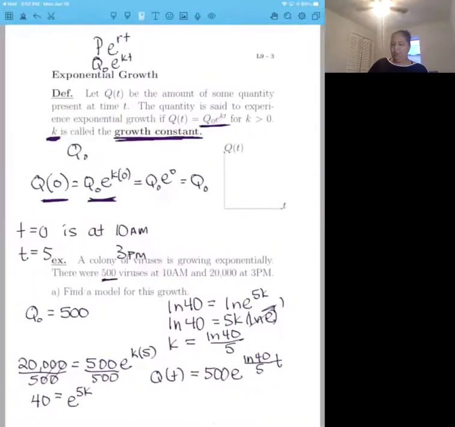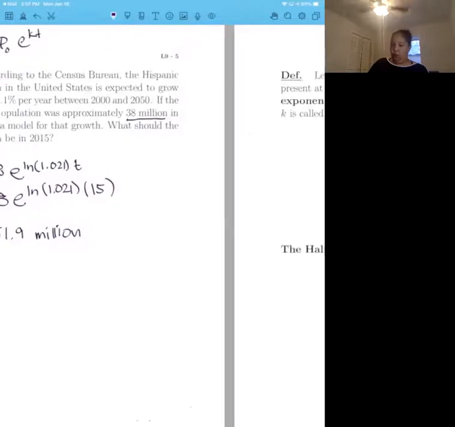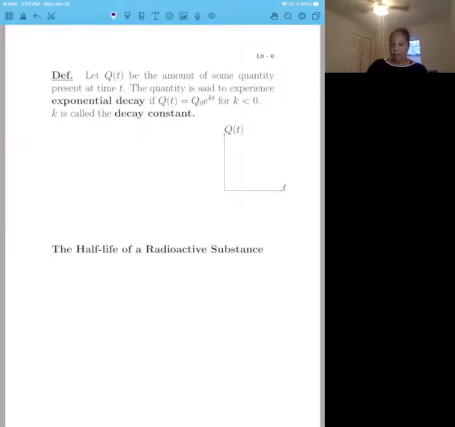Now, that was an exponential growth. I didn't graph this, but whatever this Q naught is here, and I should have done this, I'm sorry, so we're going to kind of go back. Q naught is going to be your initial point here, and it's just going to grow exponentially. Now, what we're going to have is a decay. All right, your Q naught here, and it's going to look exactly the same, except your K is going to be negative, right?